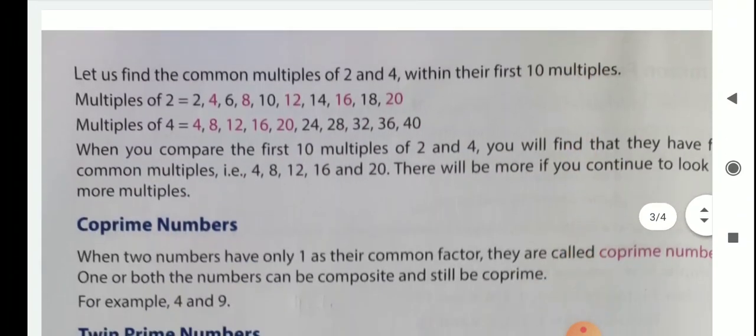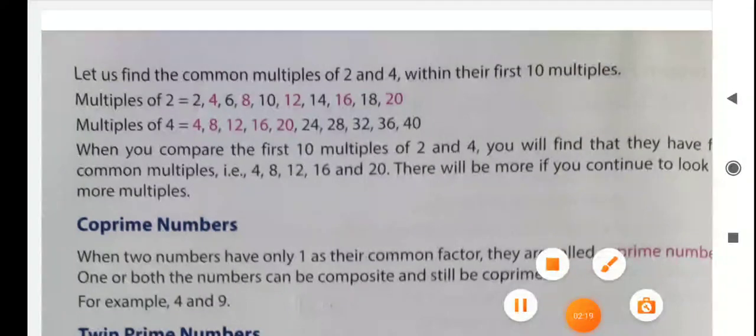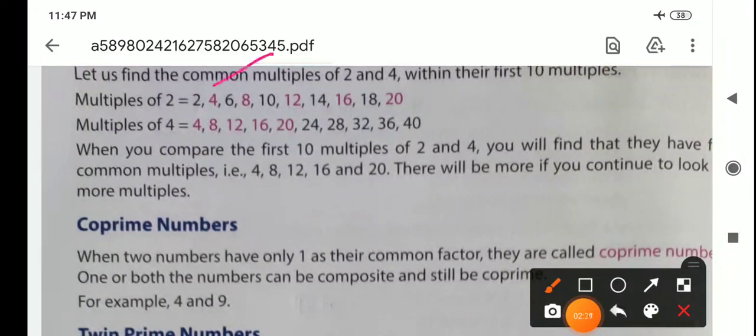Here you see, children, given multiples of 2 and multiples of 4. Multiples means their product we write. 2 1s are 2, 2 2s are 4, 2 3s are 6, 2 4s are 8, 2 5s are 10. Like this we continue up to 2 10s are 20.